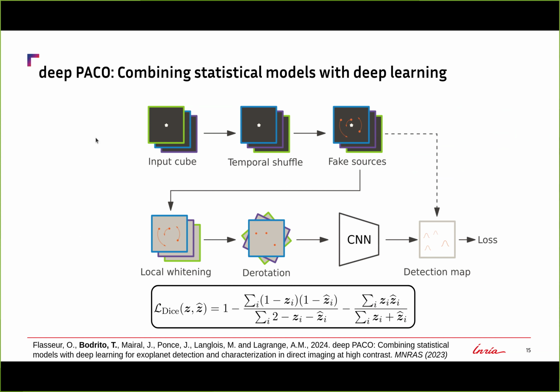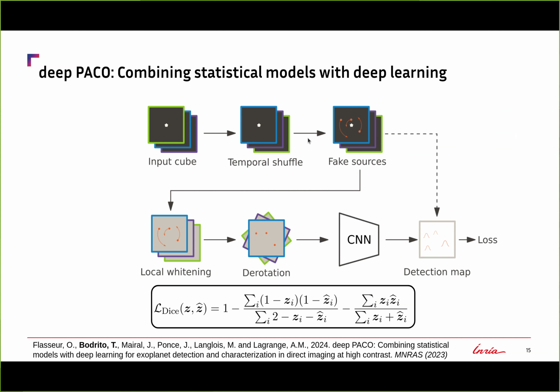So before injecting the synthetic sources, we shuffle the frames temporally so that we destroy the coherence of a putative exoplanet that is unknown. Then we can inject the synthetic sources and train the model to retrieve them.